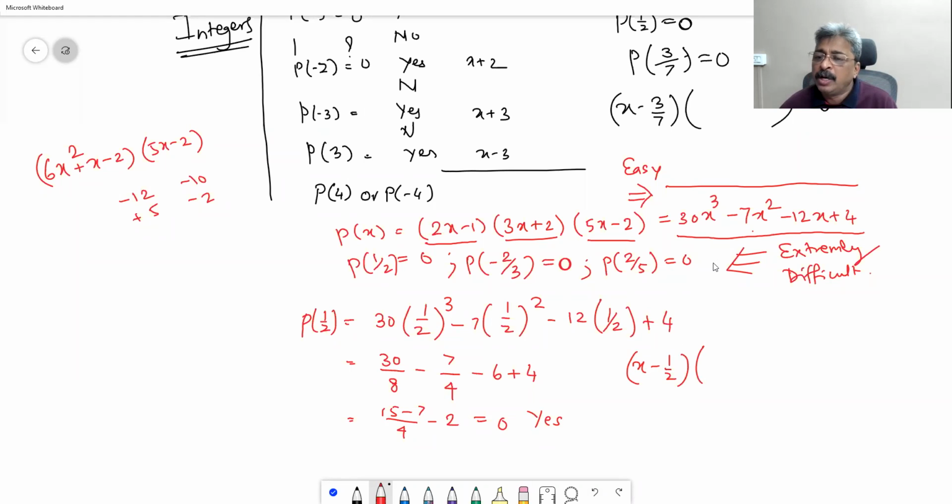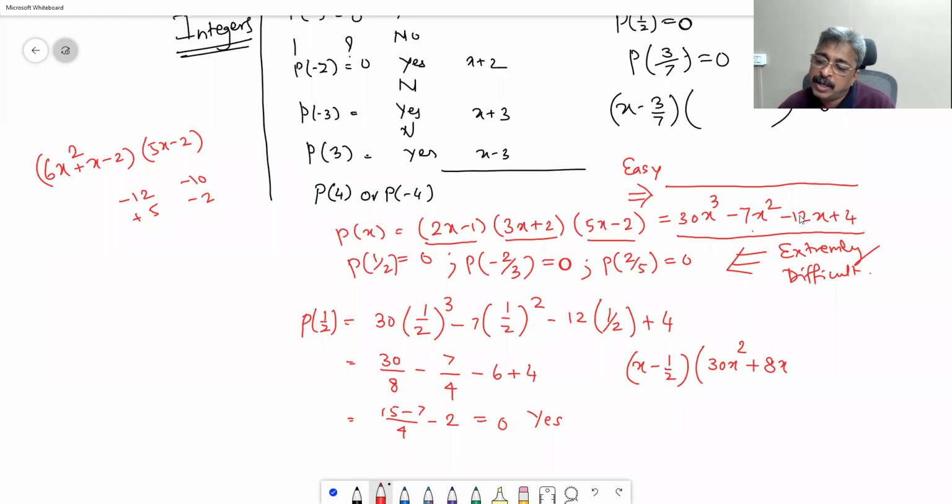So we can always pull another factor, which is 30x square. If we have 30x square into x is 30x cube, 30x square into minus half is minus 15x square. I have got minus 15 with me. I want minus 7. So plus 8x. Now I have created minus 4x. I want minus 6, minus 12. I have created minus 4.